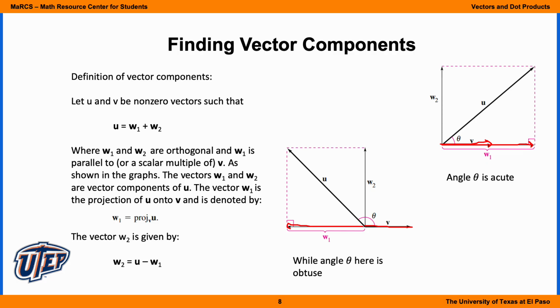Then the vectors w1 and w2 are vector components of u, and the vector w1 is a projection of u onto v, and it is denoted right here. So w1 is equal to the projection of u onto v. Then we can find the vector w2, and that is given by the vector u minus w1. Just to show w1 and w2 are orthogonal, we see right here is w2 and w1. They form a 90-degree angle.